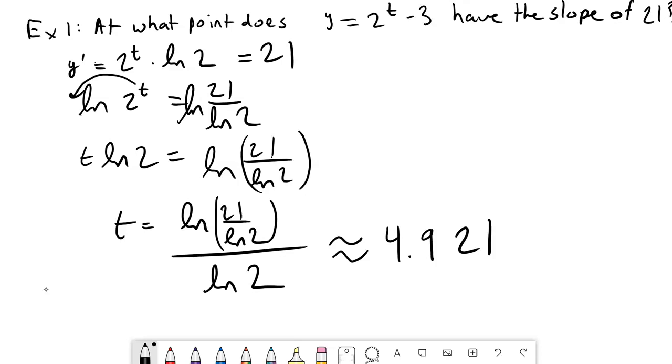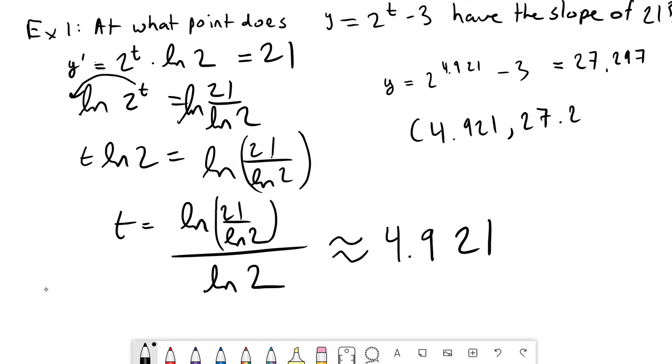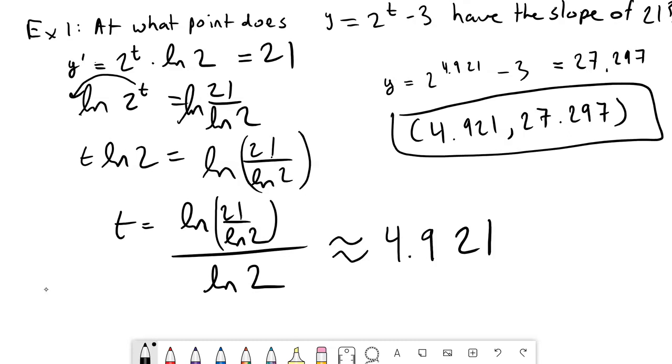I guess I can plug it into y also to get the point. So y equals 2 to the 4.921 minus 3, which is equal to 27.297. So at this point, (4.921, 27.297), the function has a slope of 21. And there we have it.